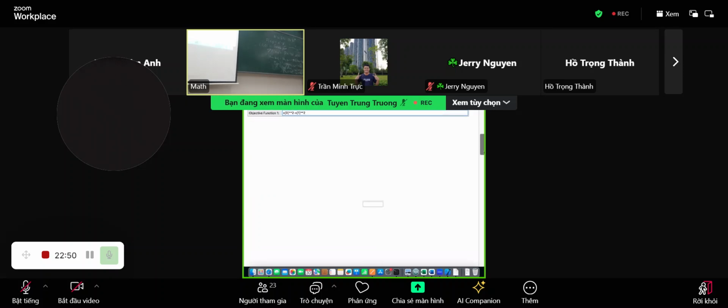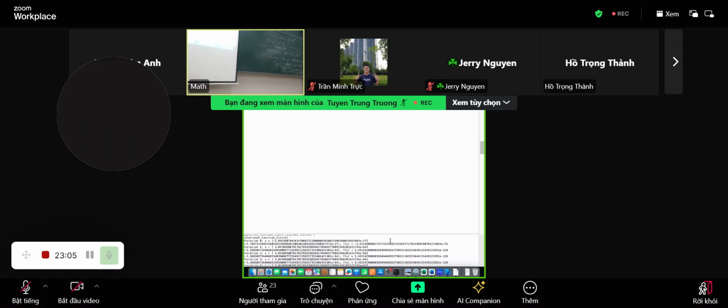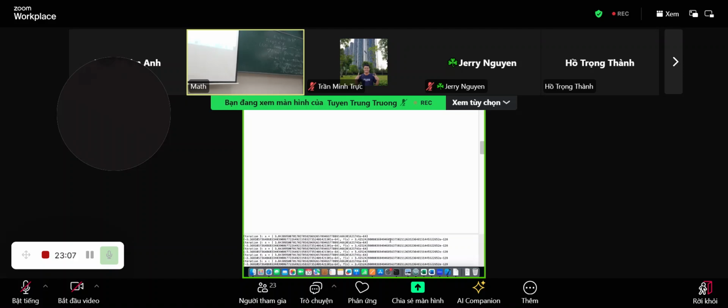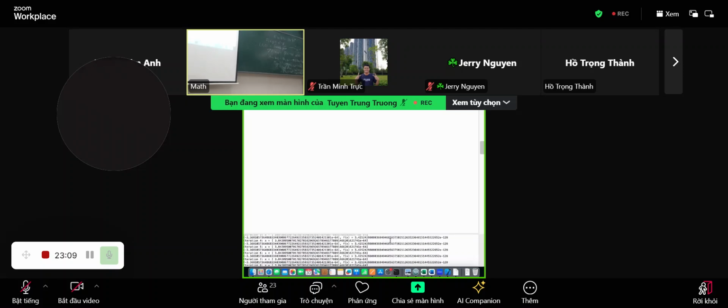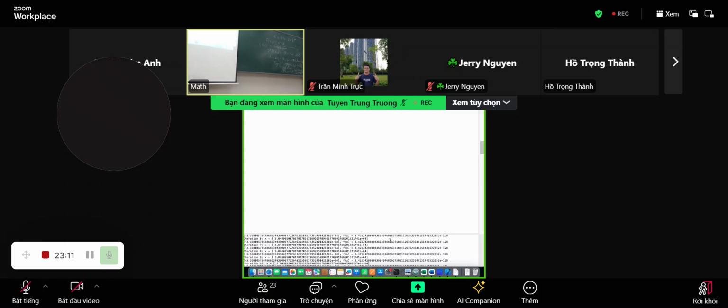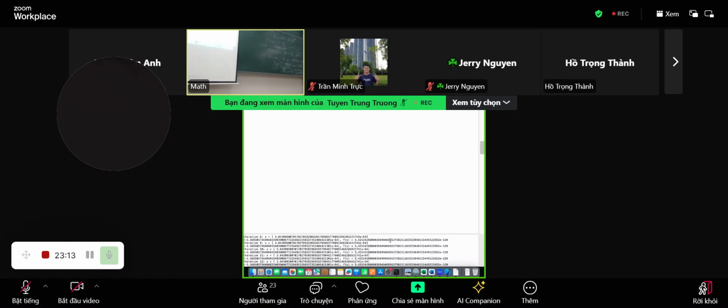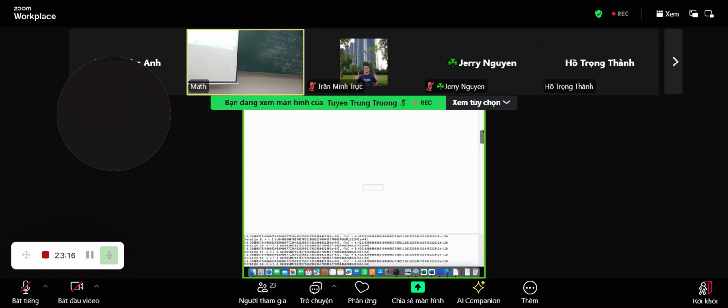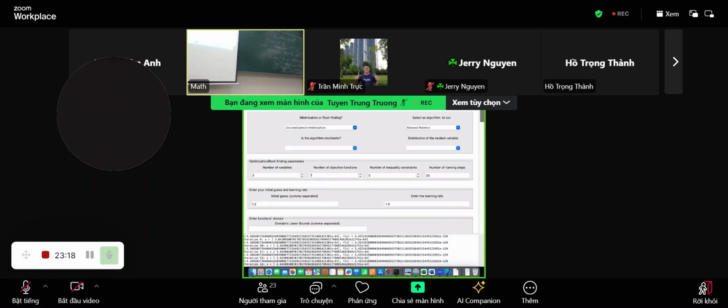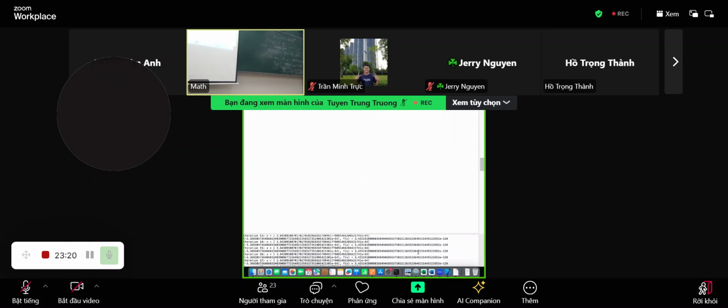This is very easy to use, even if you don't know much about it; you can still use it by following this guide. Let me see. Maybe something is wrong with my setup, I need to check this.